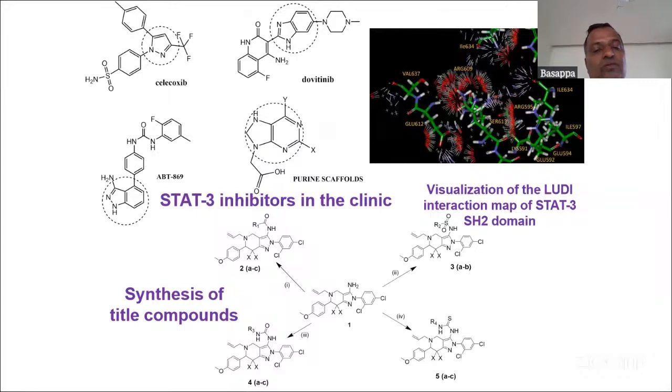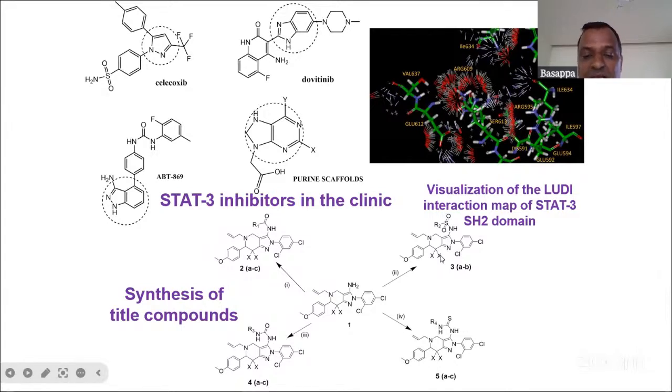For this case, we designed these PFP structures, where you can see the pyrrole type of structure in celecoxib, vitinib or ABT 869. The BCL2 inhibitor also is in this ABT series, where you can see the pyrrole as well as the purine scaffold, which has an inhibitor role against phospho-STAT3.